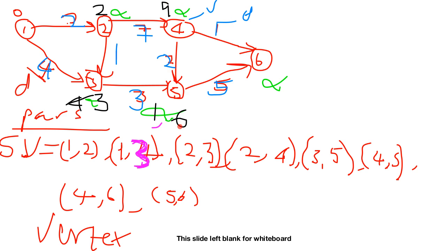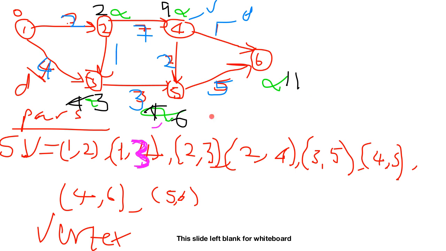Because 6 is less than 11, we retain 6 here. So the infinite is replaced with 6. Then we move from 5 to 6: 6 plus that, it becomes 11.